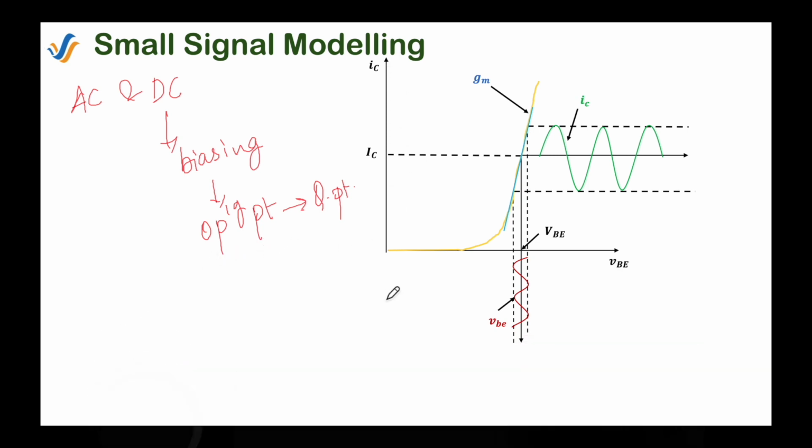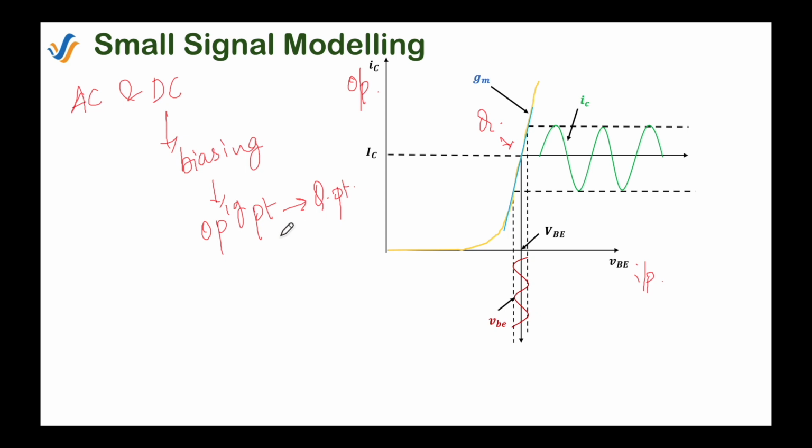What is the operating point? What is its significance? Let's quickly recall it. Taking an example, this is the transfer curve of the common emitter BJT, and this is the input side, and this side is the output, and this is the output characteristic. So we can say that this point is the Q point for this common emitter circuit.